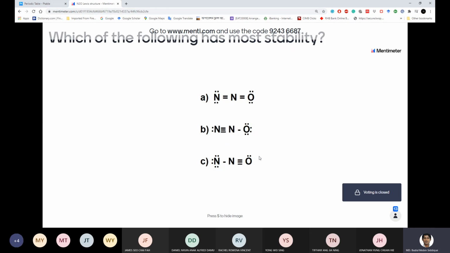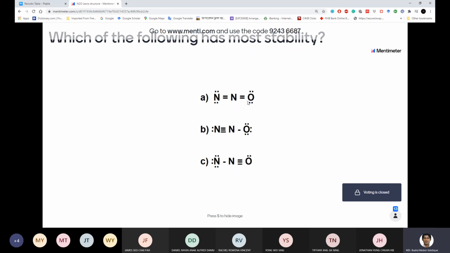For A we see that the positive and negative charges both stay on the nitrogen, whereas oxygen is more electronegative.